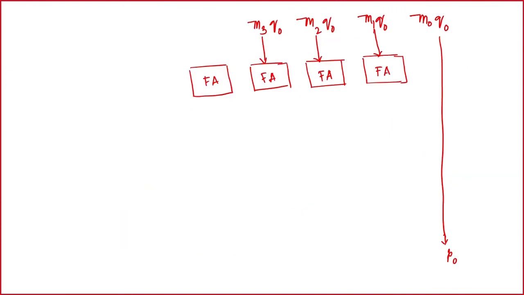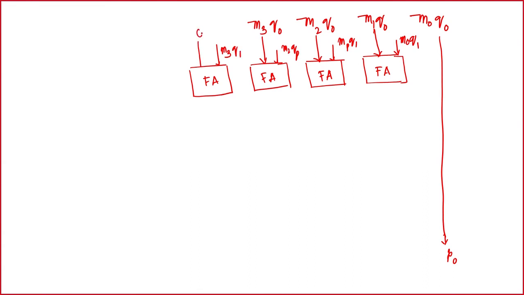Now, the full adder will have 3 inputs. Another input you can give from the second row, that is M0 Q1. Another input you can give M1 Q1, another M2 Q1, and also M3 Q1.